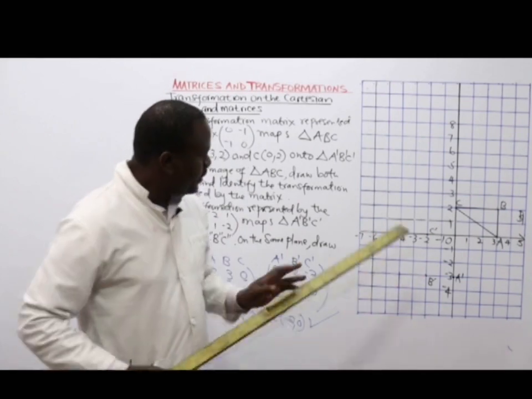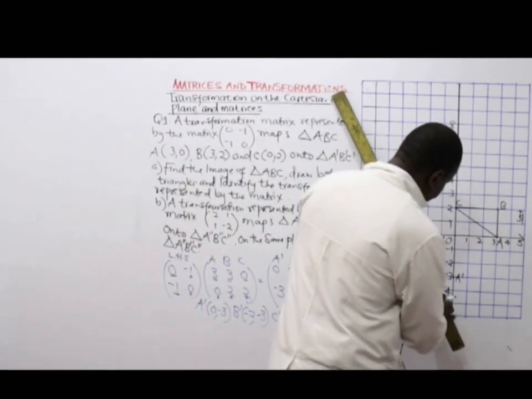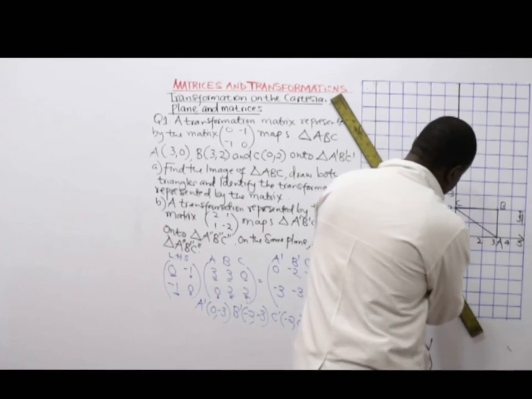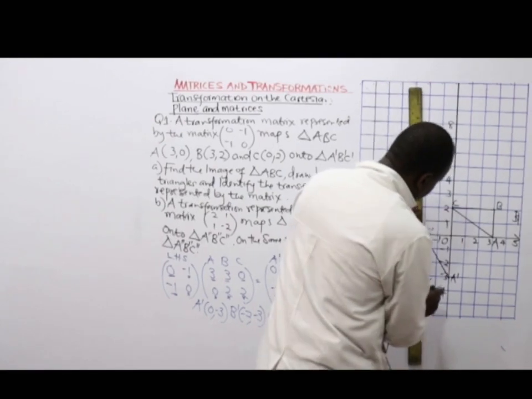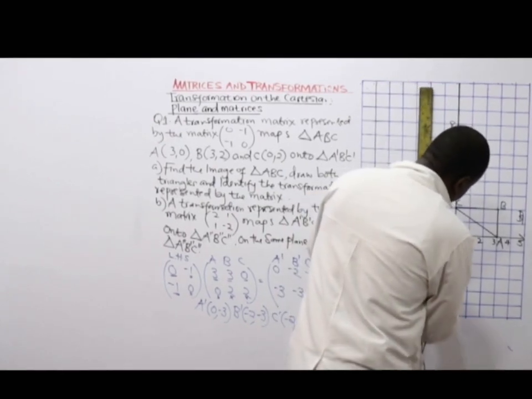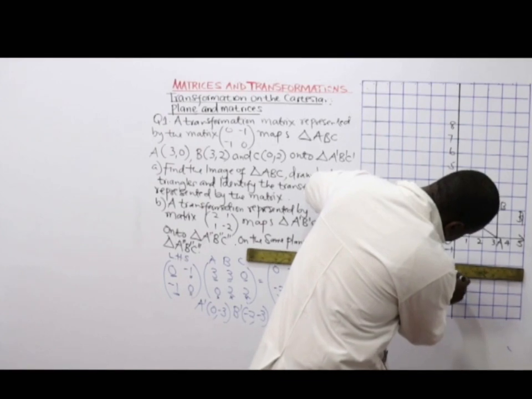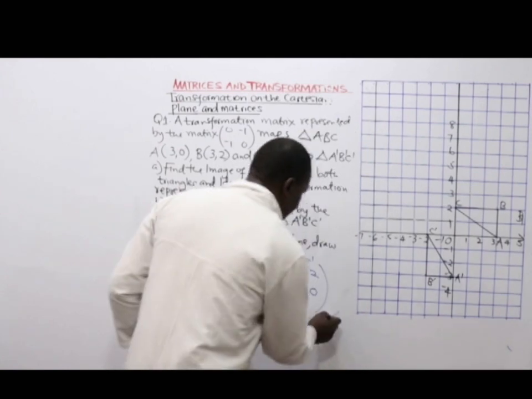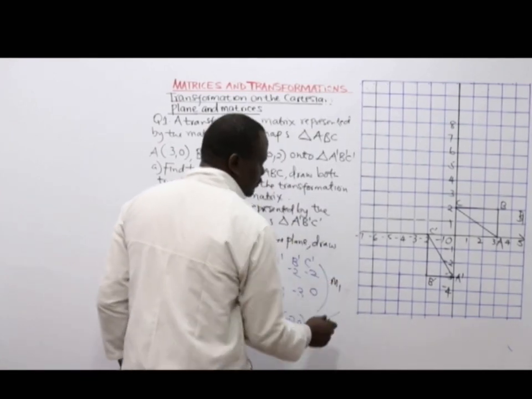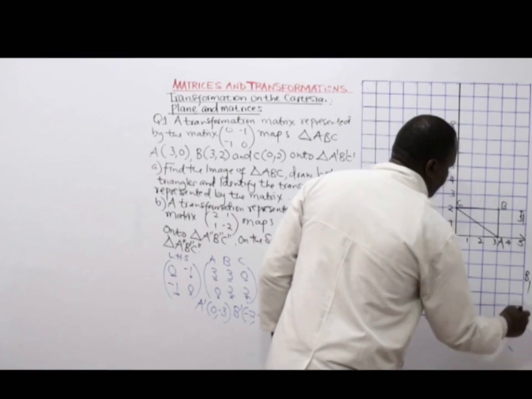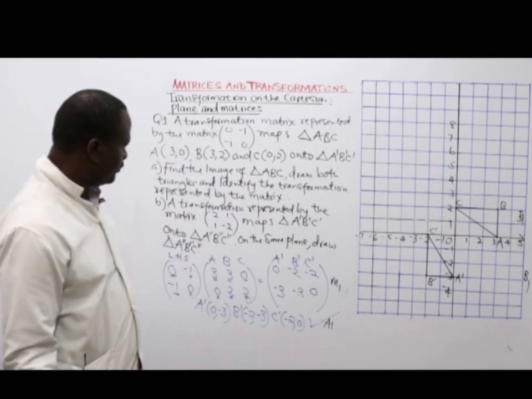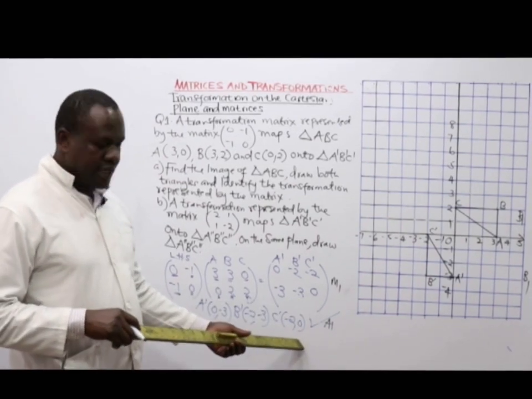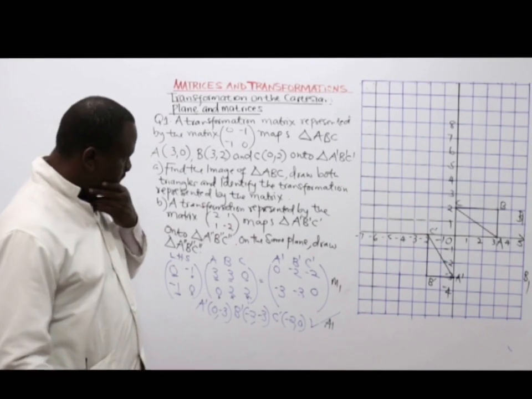Then we join. Then you get a mark for that. For drawing that, you get a mark for multiplying and getting the answer in that form.